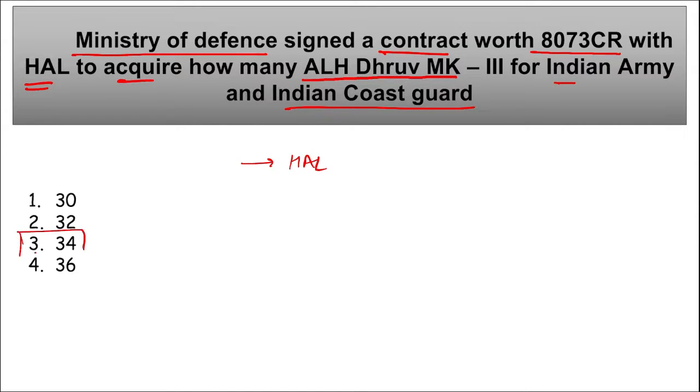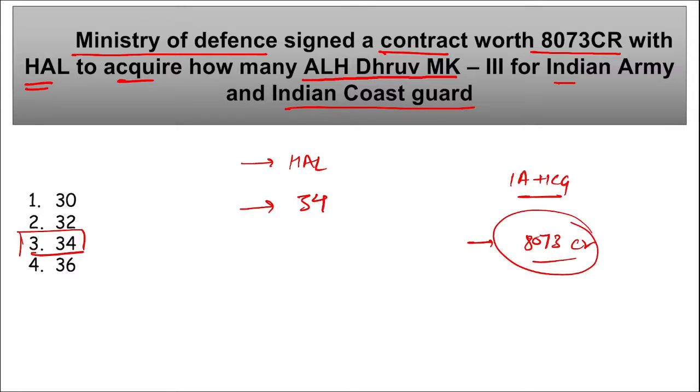So a total of 34 advanced light helicopter Mark 3 will be acquired for Indian Army and Indian Coast Guard, right? And the contract is worth 8,073 crore rupees. Correct? It was signed by Ministry of Defence with Hindustan Aeronautics Limited. Then in this also, remember, Indian Army will be getting 25 advanced light helicopters, and Indian Coast Guard, they will be getting 9 advanced light helicopters.